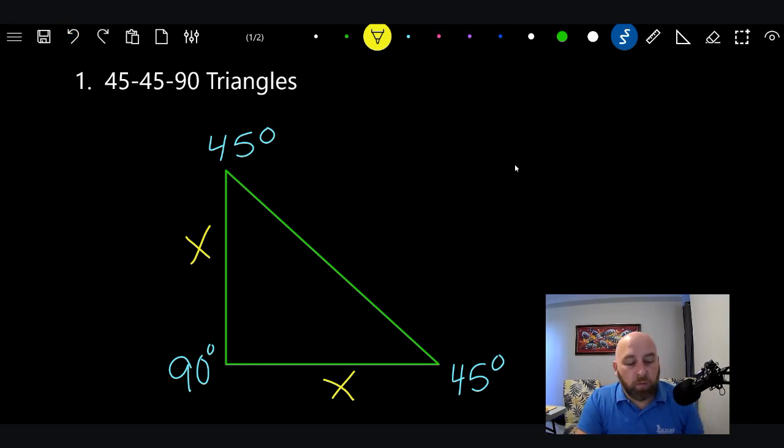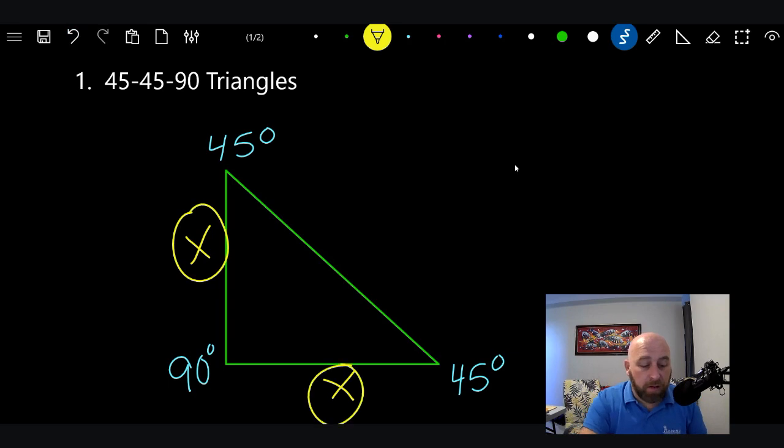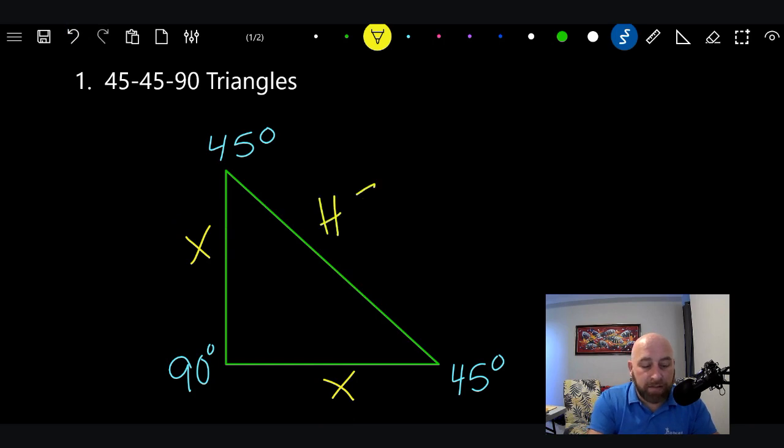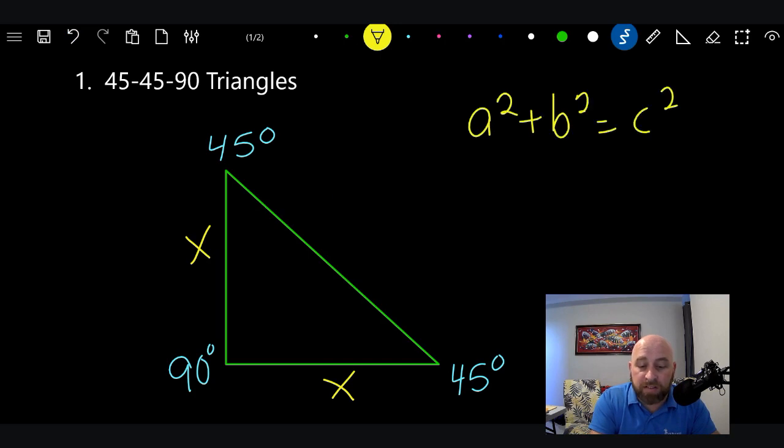Okay, now we have two legs, but we also have a third side, and that's the hypotenuse. So what is the hypotenuse in this case? Well, we don't know yet. How could we find the hypotenuse? One way to find the hypotenuse is always with the Pythagorean theorem: a squared plus b squared equals c squared.